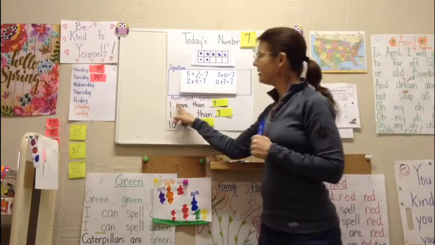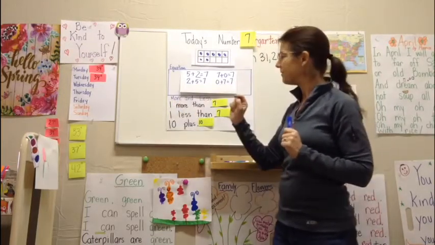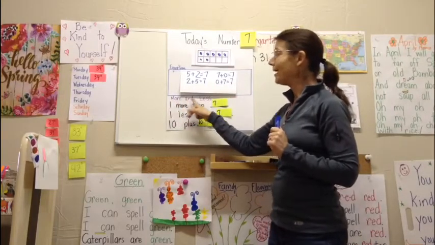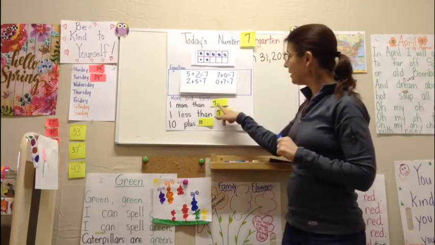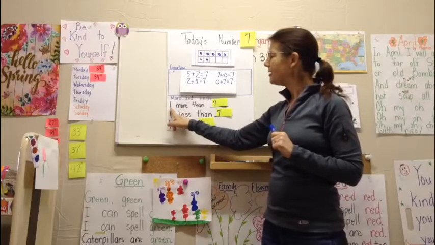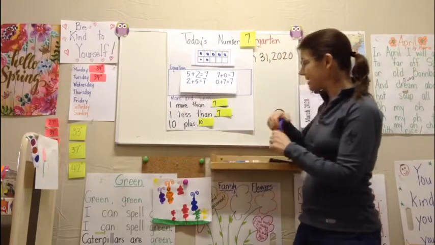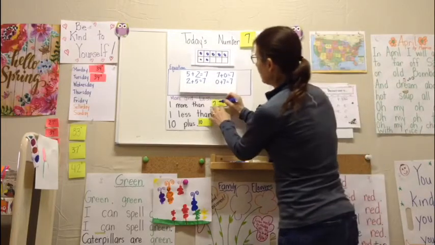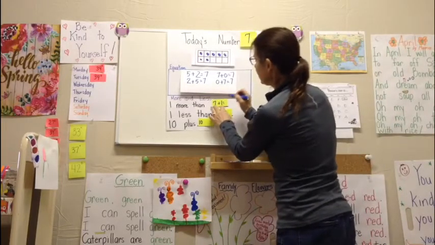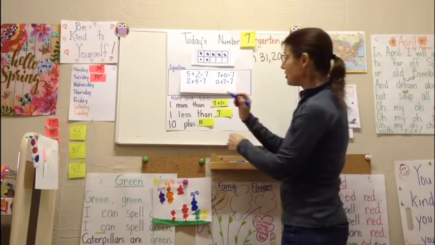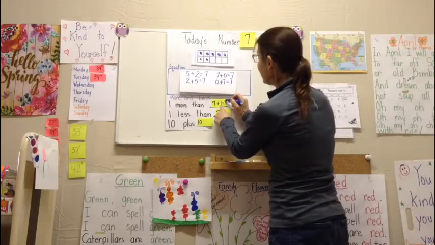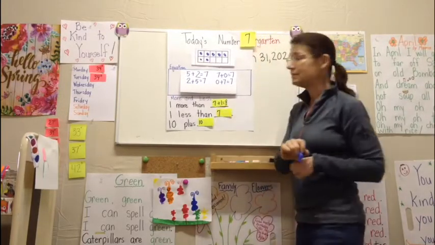Now I'm going to come down here and I'm going to be thinking about the number 7 with adding more and less to it. Here's my number 7. What number is 1 more than 7? Well, I know that 7 plus 1 more in my counting would be 8. So the number 1 more than 7 is the number 8.